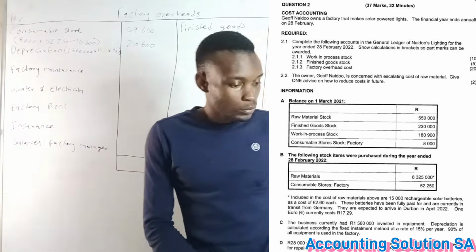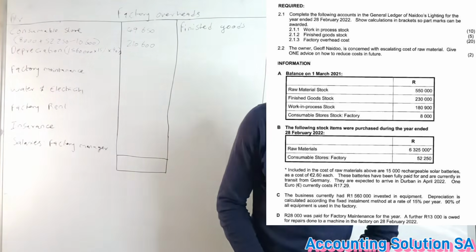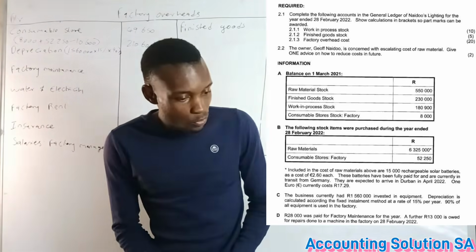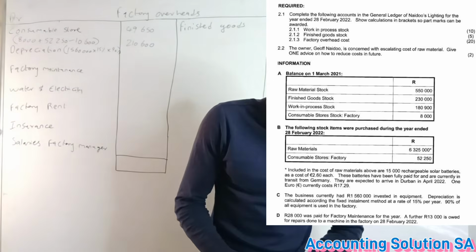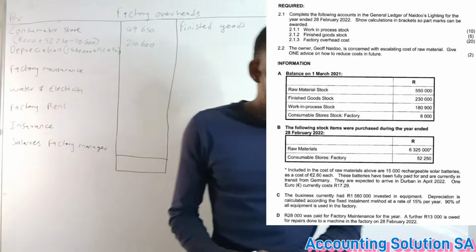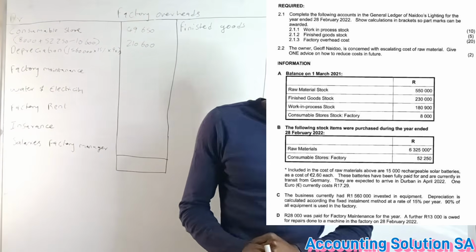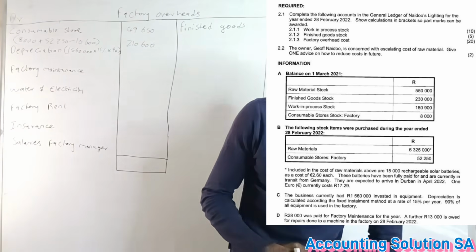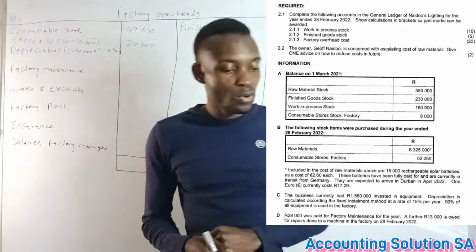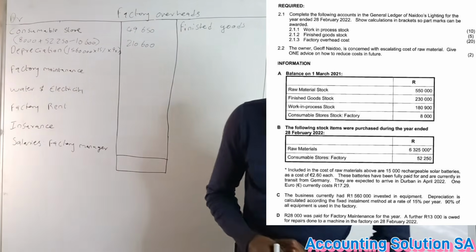Number D, they said that 28,000 was paid for factory maintenance for the year, and further 13,000 is owed for repairs done to a machine in the factory on 28 February 2022.